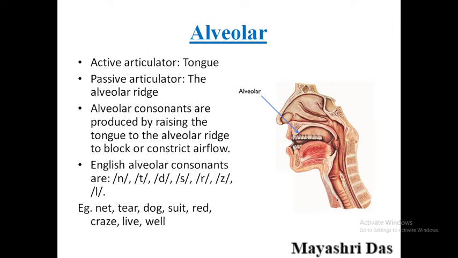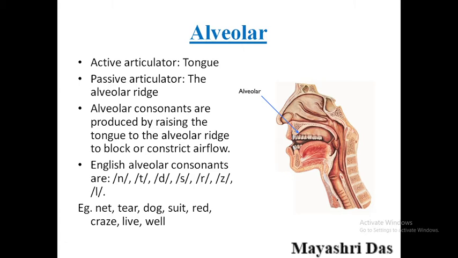Then alveolar sounds. The active articulator of this sound is the tongue, and the passive articulator is the alveolar ridge, or the back of the upper teeth. The alveolar region is that region where the back of the upper teeth is placed, known as alveolar or alveoli.